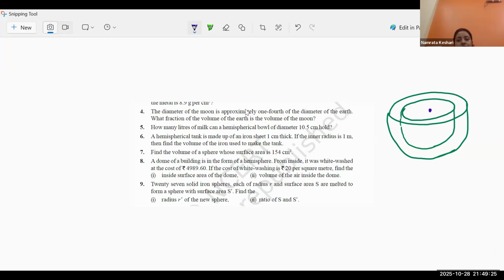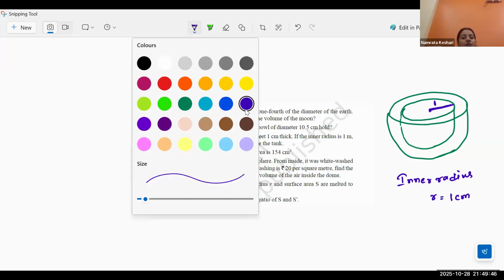Ma'am, so we have to add that 1 centimeter to that 1 meter. Yes, Nikhil. Inner radius small r is given. We also need to find the outer radius over here. What is the outer radius of this?